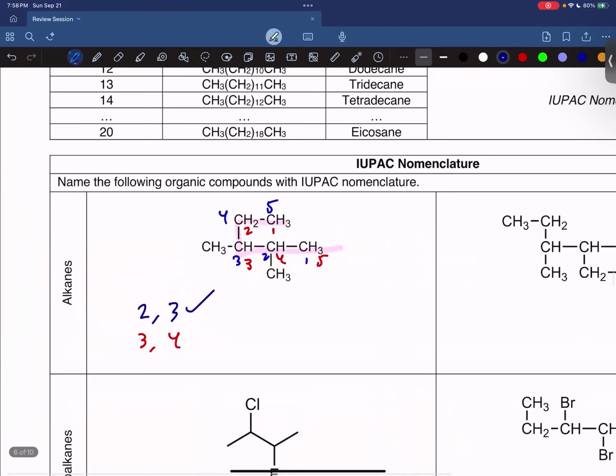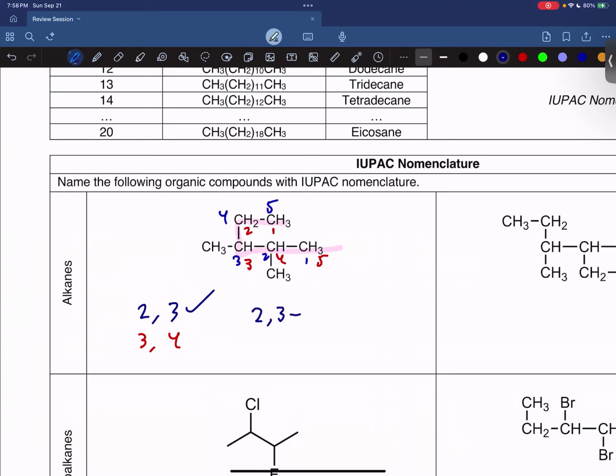So whenever we're writing down the same branch, remember putting the numbers first. 2, 3. We're very strict on punctuation. Don't forget your commas. Don't forget your dashes. If a number's in between words, put 2 dashes to separate it. So yeah, dash. Okay, what is my branch name going to be here?